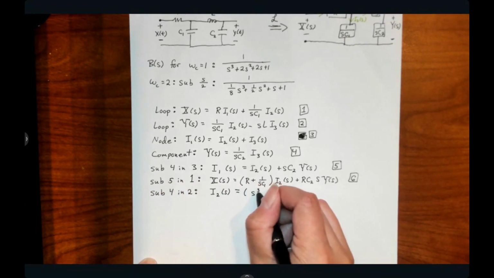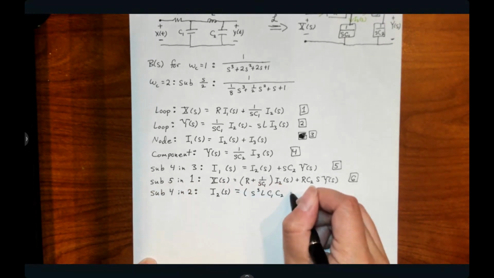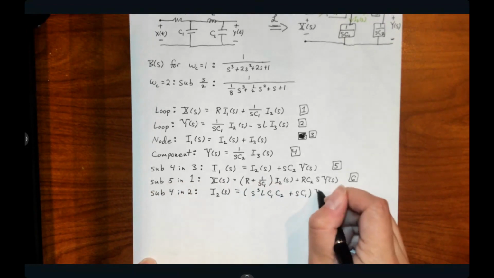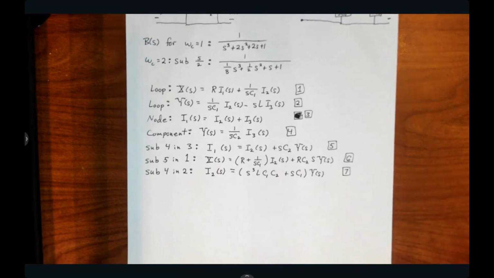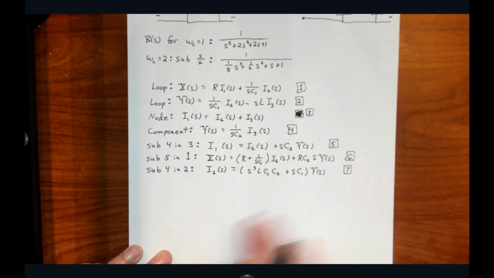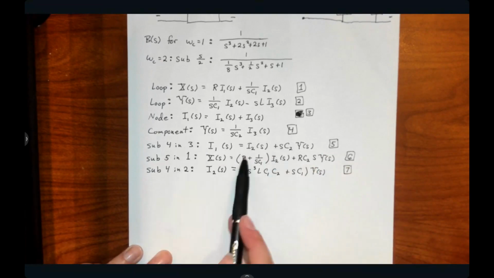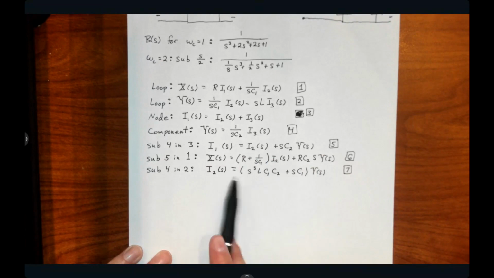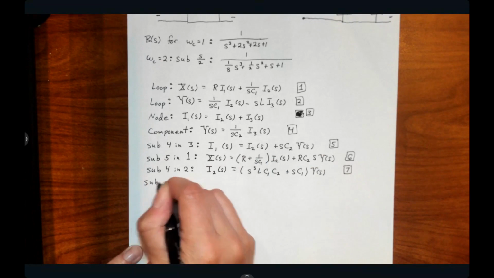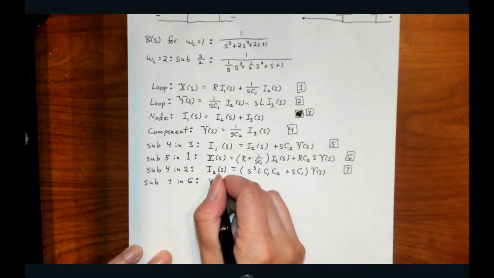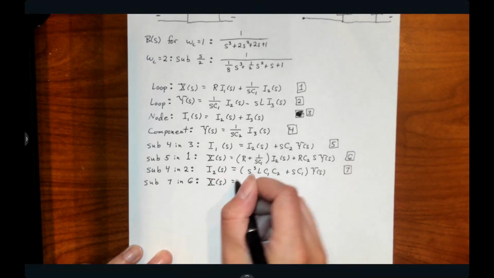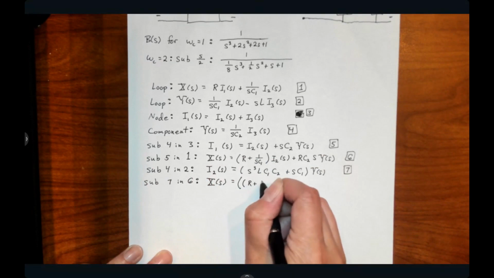And do some maneuvering around. And then once I get to this point, we can see that we have this in terms of I2. This is all just in terms of y, so we can do a final substituting 7 into 6. And it looks a little bit messy here.